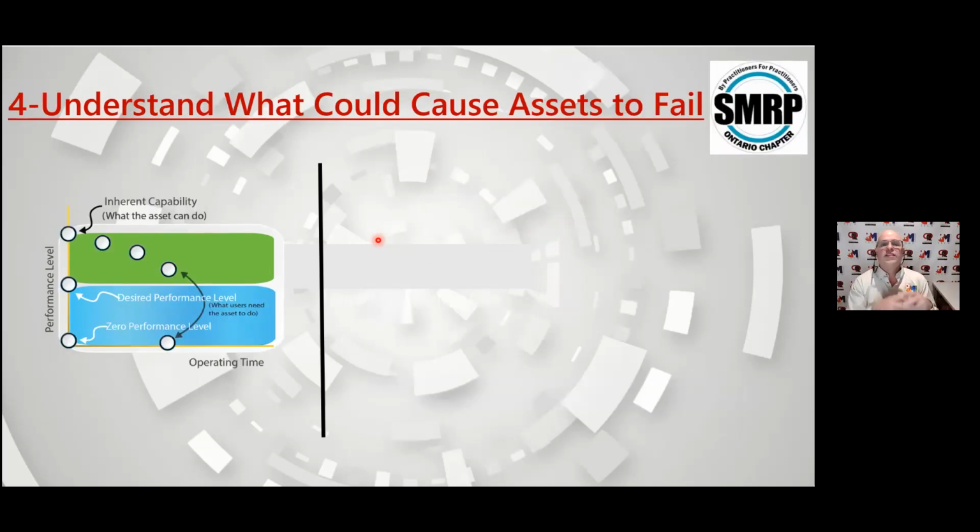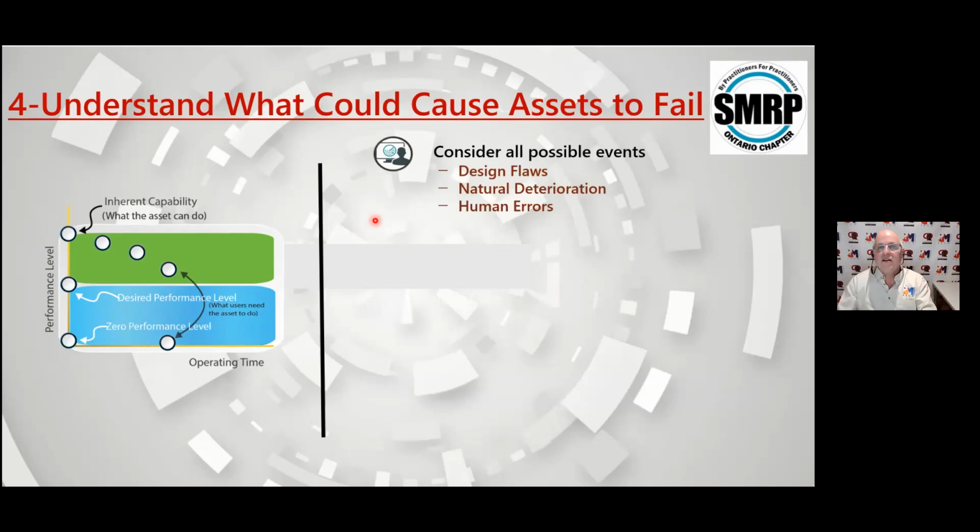Fourth, understand what could cause assets to fail. Sometimes we only consider natural deterioration. We are so naive that we think we should be ready for the asset deterioration and our maintenance plan is built around that.